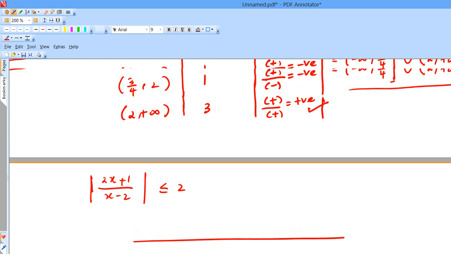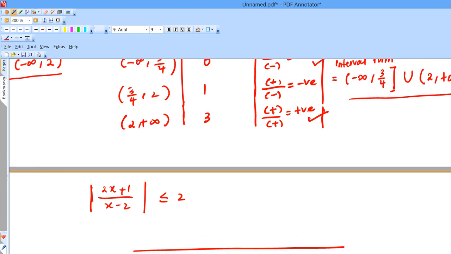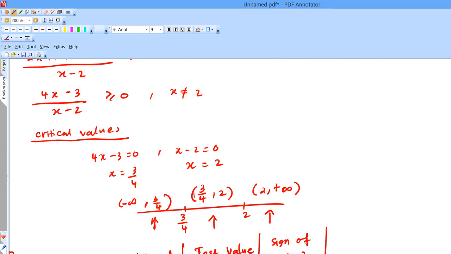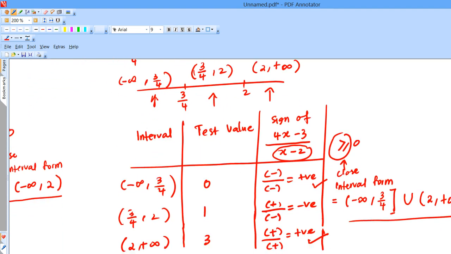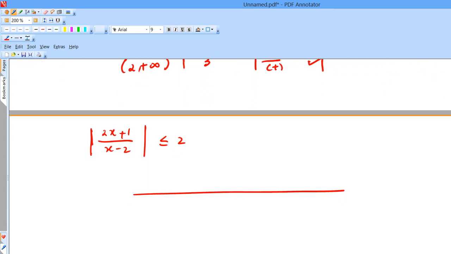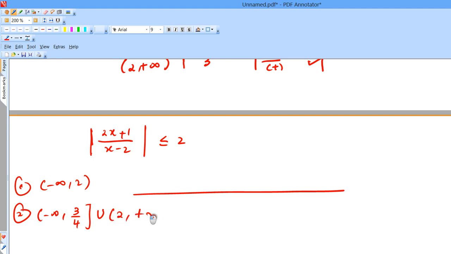The first solution is from negative infinity to 2, open bracket. The second one is from negative infinity to 3/4, closed bracket, union 2 to positive infinity.